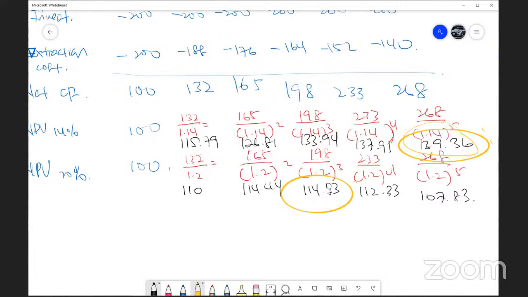$114.58. How come? Let me see. 165 divided by 1.2 divided by 1.2, 114.58. Okay. 198 divided by 1.2 divided by 1.2 divided by 1.2.